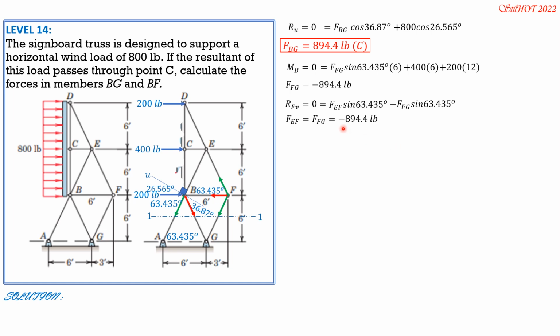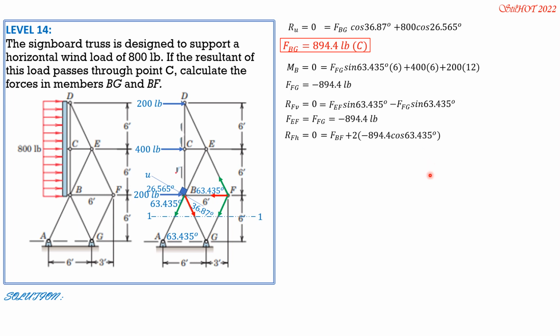So because they are equal to negative 894.4 pounds, we can now have summation RF horizontal equals 0, or the horizontal component at F is 0. So leftward positive, it is equal to FBF, then plus, because these forces are also leftward, 2 times the magnitude negative 894.4 times cosine of 63.45.